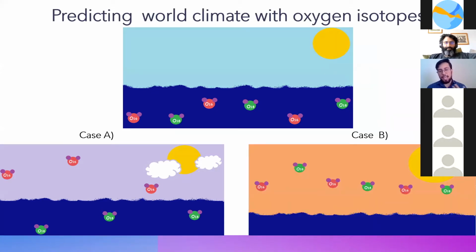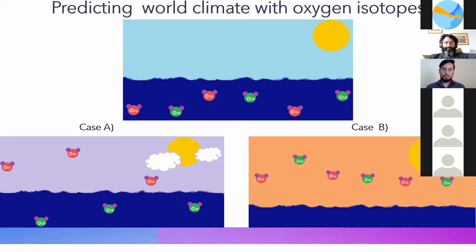Then in another case, when it's hotter, the energy is going to be enough to evaporate oxygen 18, the heavier isotope. And we hope, again, that it lands on the same ice body. This will form a layer, and voila, we can use isotopic fractionation, or the distribution of these isotopes, in order to depict the climate of planet Earth.